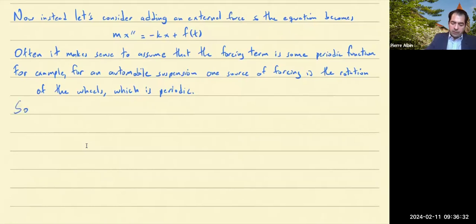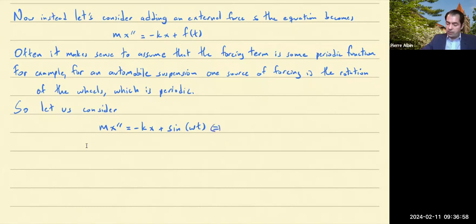Okay, so let's pick a very simple periodic function. And let's consider the equation m x double prime is equal to minus kx plus sine of omega t. So here omega is not necessarily the same as omega naught, the natural frequency. It's just some omega.